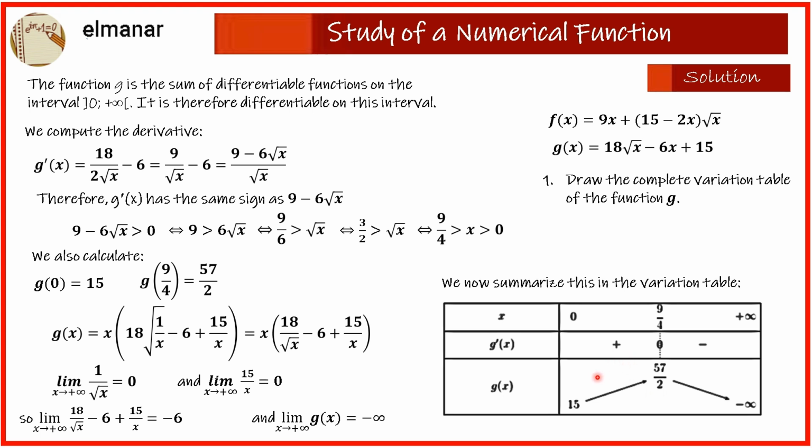Then, g decreases steadily and tends toward negative infinity as x approaches infinity. Therefore, the sign of the derivative is positive before 9/4, 0 at that point, and negative beyond. As a result, the function g of x is increasing on the interval from 0 to 9/4 and decreasing on the interval from 9/4 to infinity.